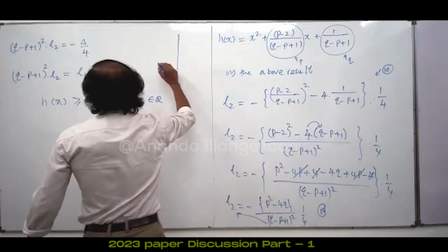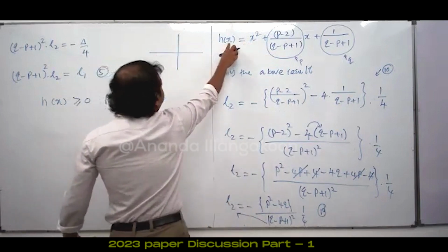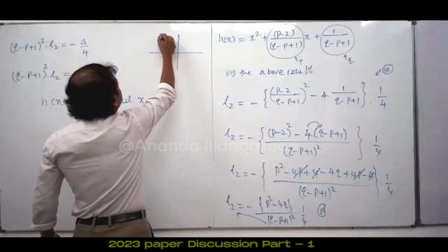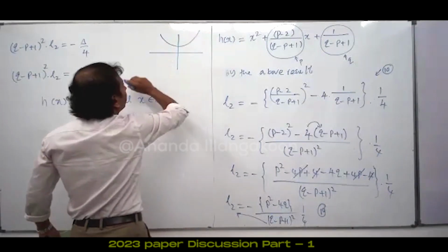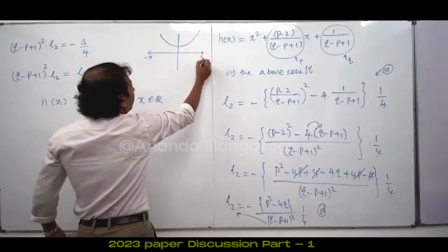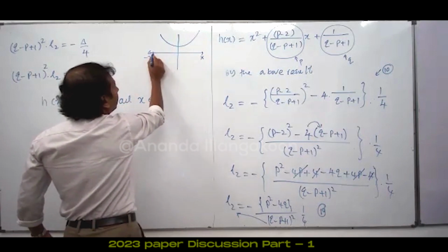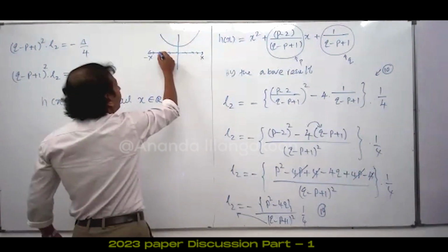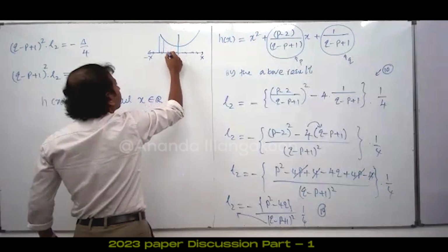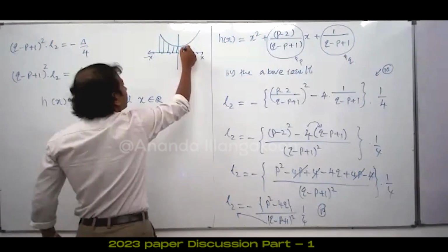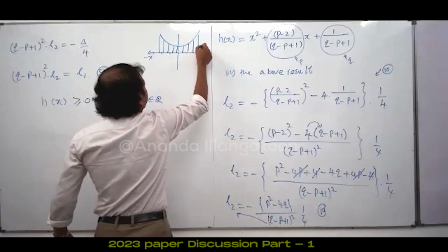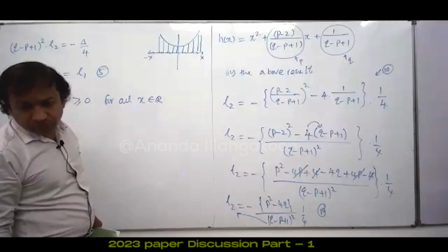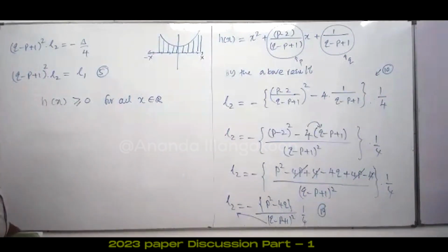Then its hx mean the y minimum graph, it should be like this. Then only when we move from negative infinity towards positive infinity, at every value of x, this height become positive. Become positive, right?